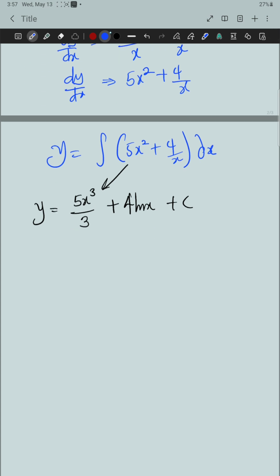Now let's look at another example. Example 3.